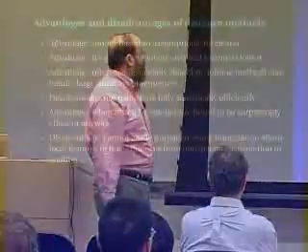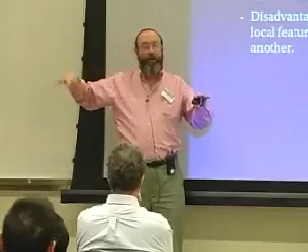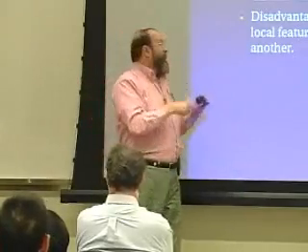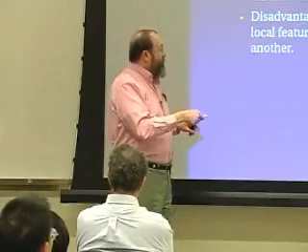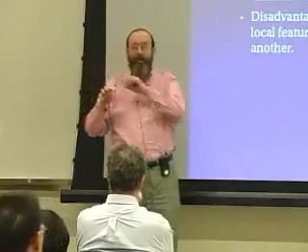That's that point. Now, there are some real other disadvantages, one of which is we have methods, some of the ones I'll show you in a moment, which can accommodate, say, variation of rates along the molecule. And when you use those methods, if you're using a distance method, you can accommodate variation of rates, but not in a way which successfully propagates information about where the fast rates are in the molecule and where the slow rates are.